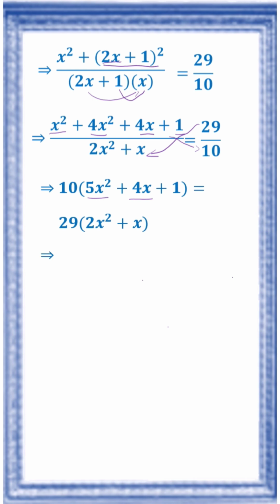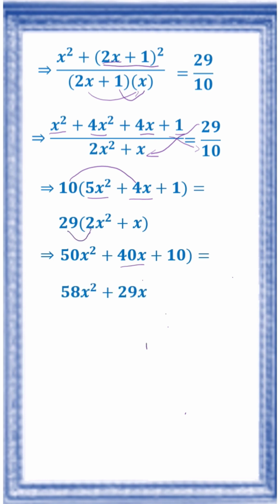Now multiply 10 into 5, that is 50x square, 10 into 4x, 40x, 10 into 1, 10. Equal to 29 into 2, that is 58, 29 into x, that is 29x.